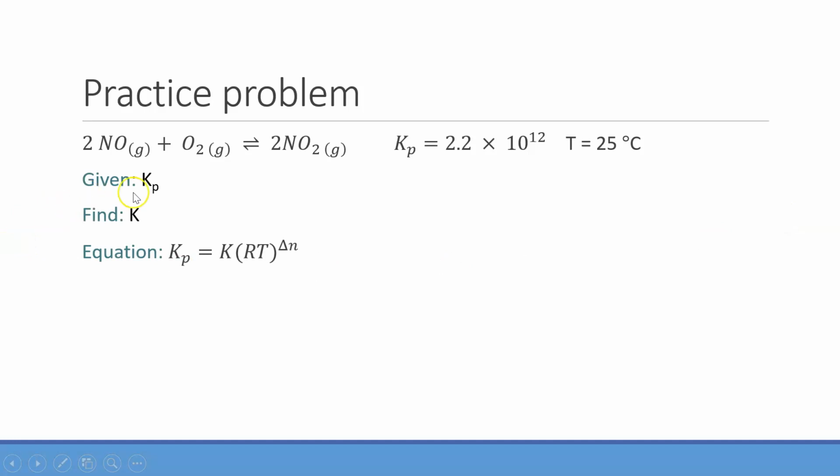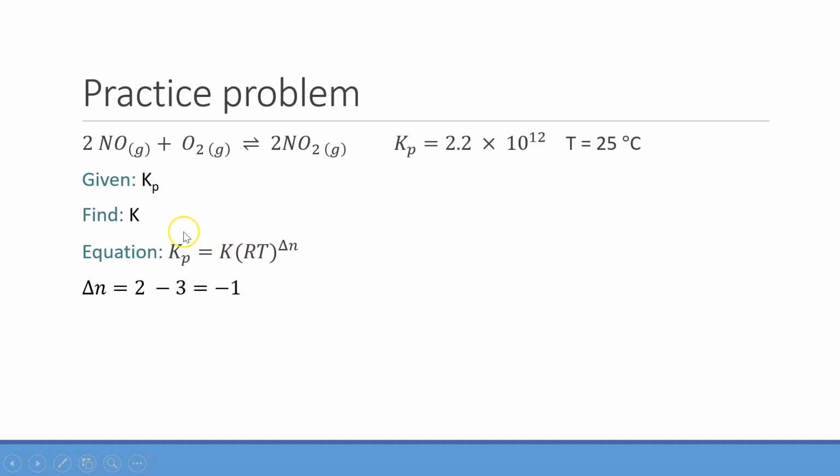So we're given Kp, and we want to find K, and we know this equation here. We also need to put temperature into Kelvin and then calculate delta n. Our delta n is 2 moles minus 3 moles, because on the product side we have 2 and on the reactant side we have 3. So our delta n is -1.